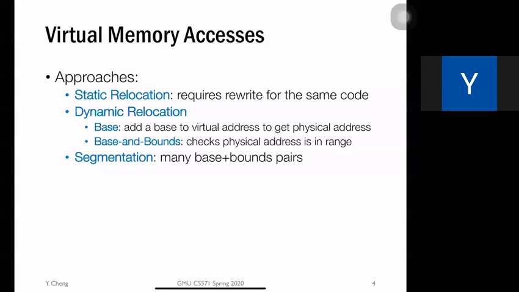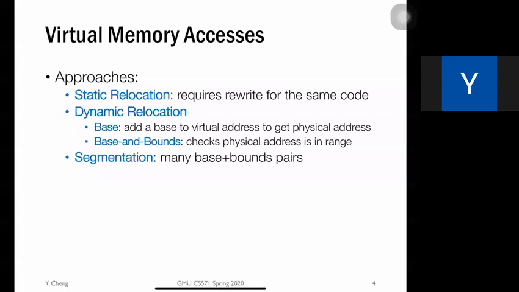The dynamic relocation approach is not flexible, and it's not that efficient in terms of memory utilization. So that motivates a third approach, which is called segmentation. Segmentation, again, as the name suggests, is to partition both the virtual memory address space and the physical memory address space into relatively finer-grained pieces.